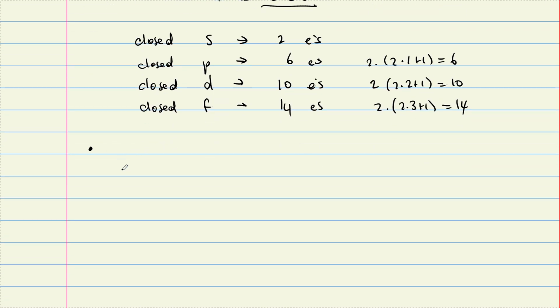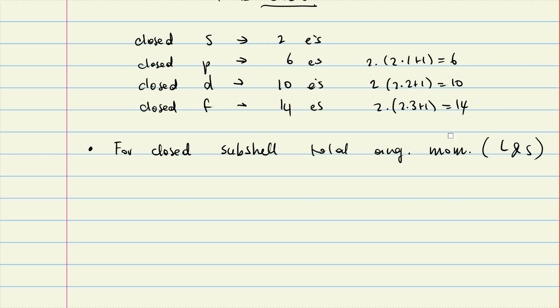So for a closed subshell, the total angular momentum, and this means L and S, they are total, maybe I can write it like L plus S, so L plus S is 0.